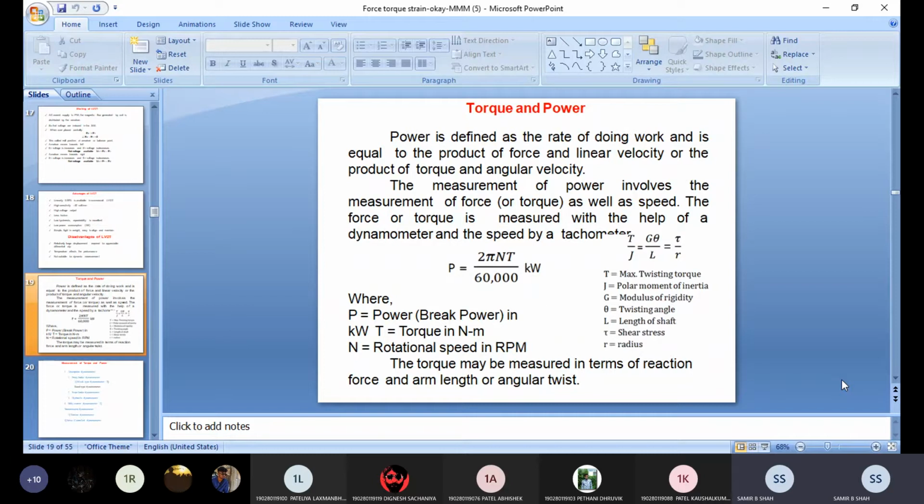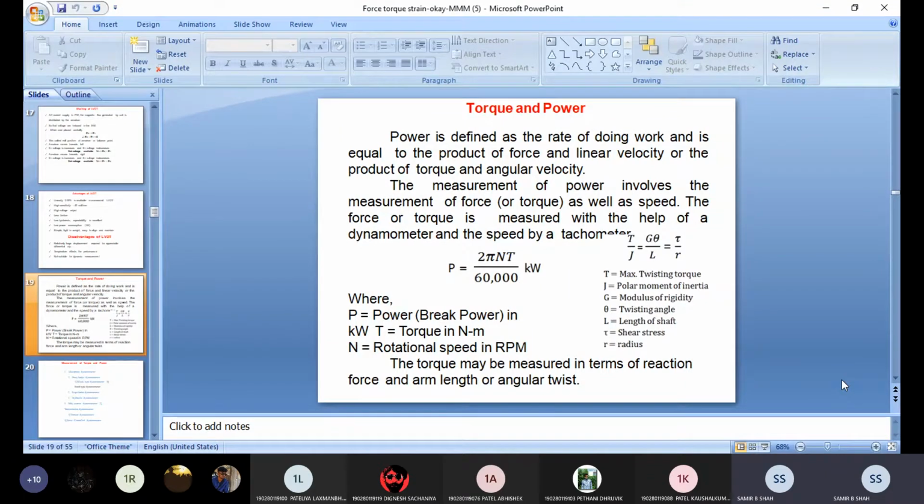Now, classification of torque and power. Mostly, torque and power can be measured with the help of absorption type dynamometer and transmission type dynamometer. The name is absorption type dynamometer because the energy produced by the engine is absorbed by the frictional resistance of the brake and finally transformed into heat.